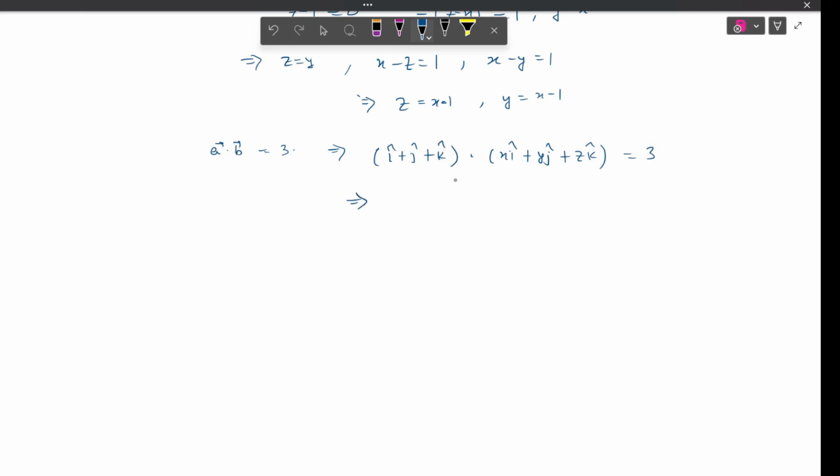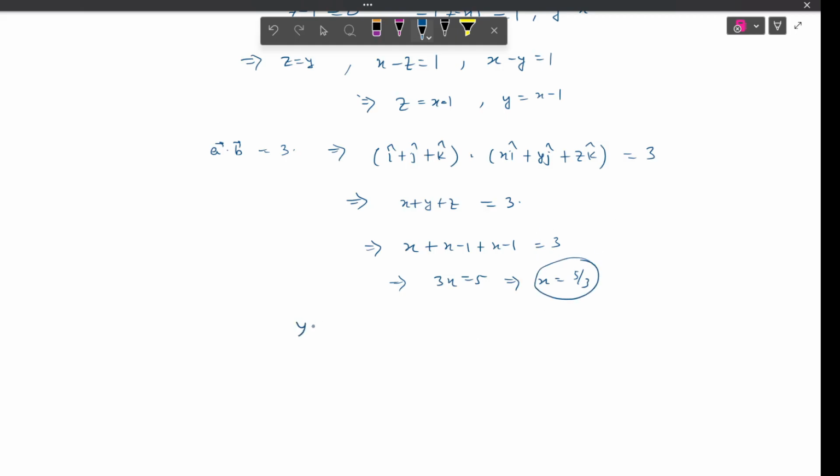So similar product is 1. So it would be x plus y plus z, that is 3. Now put the values. y is x minus 1 and z is x minus 1, that is 3. That is 3x equals 5. That means x is 5 by 3.